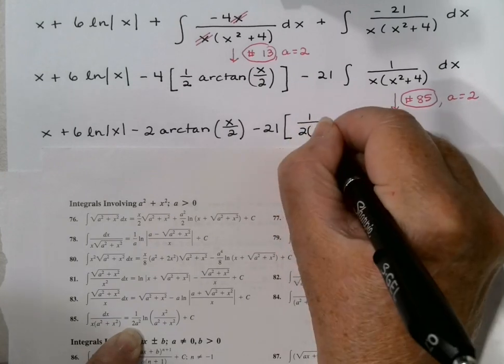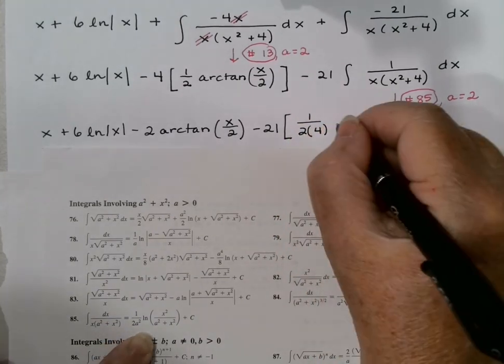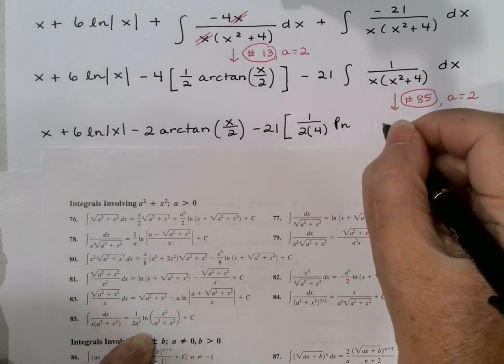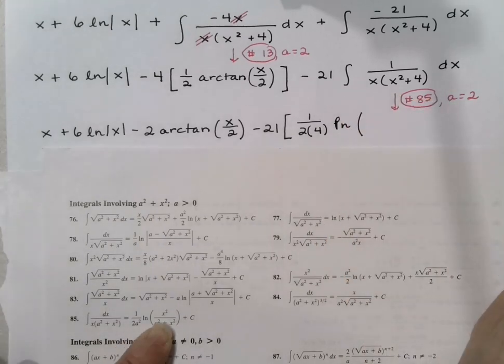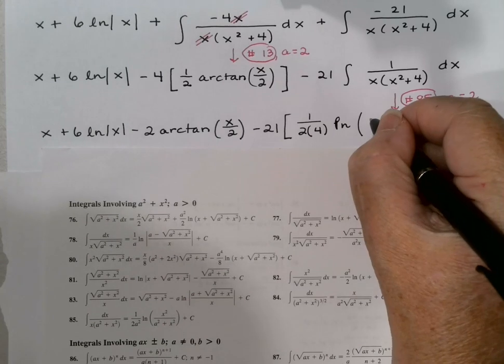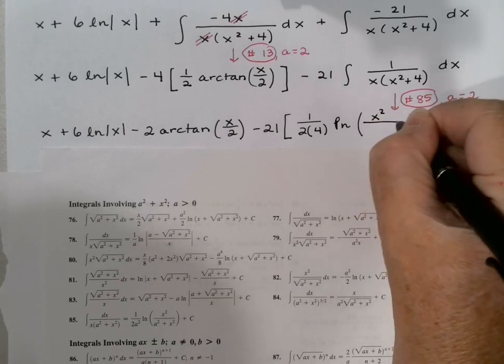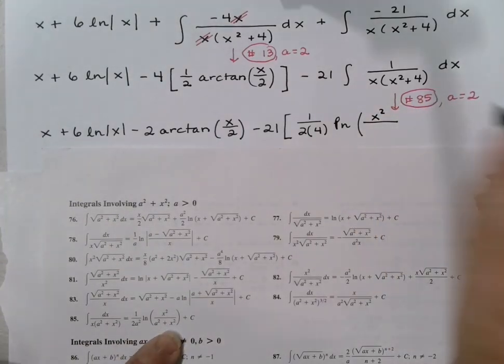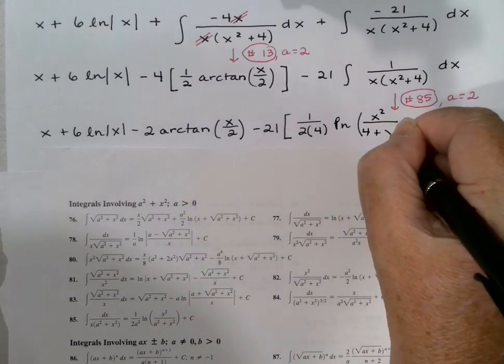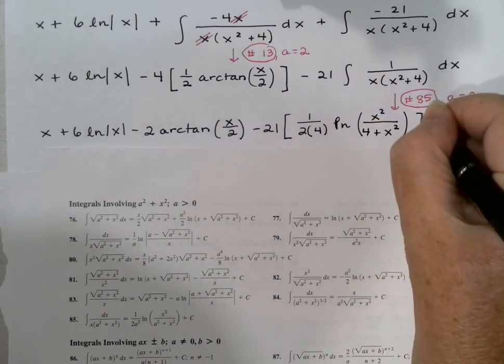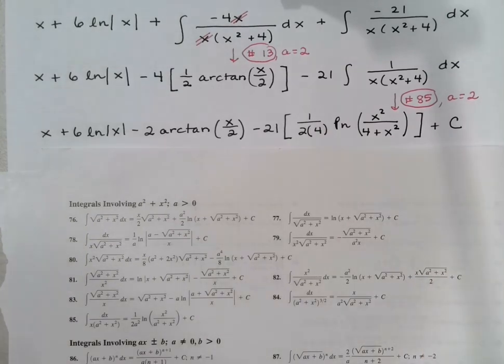A squared would be 4. Times the natural log of x squared over 4 plus x squared. Plus c.